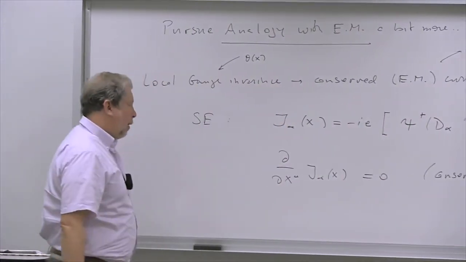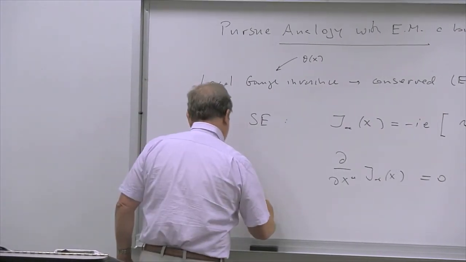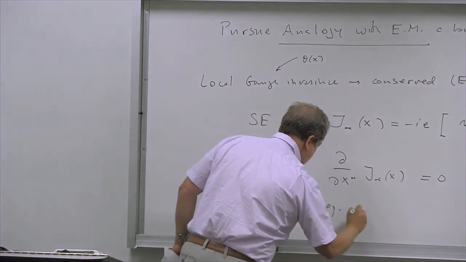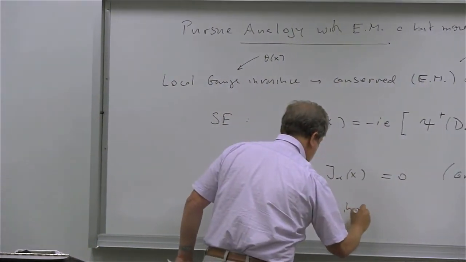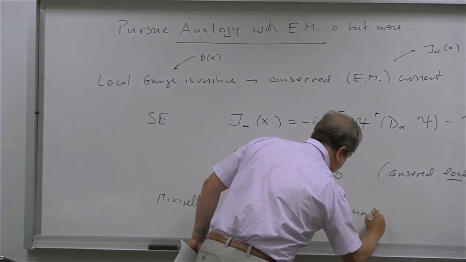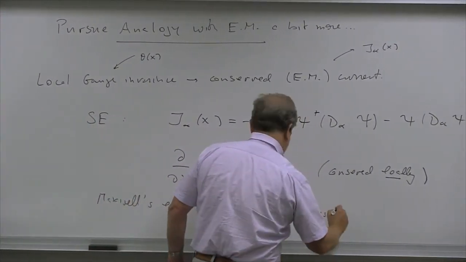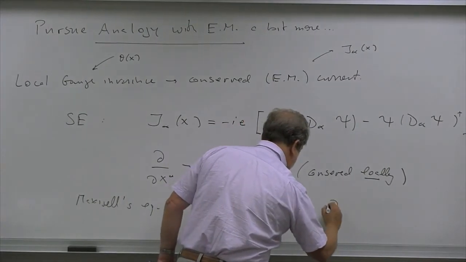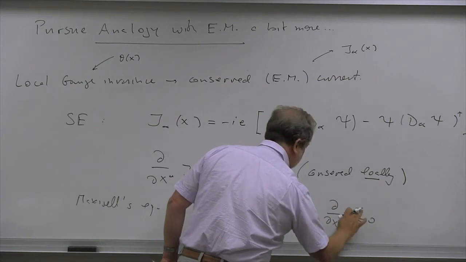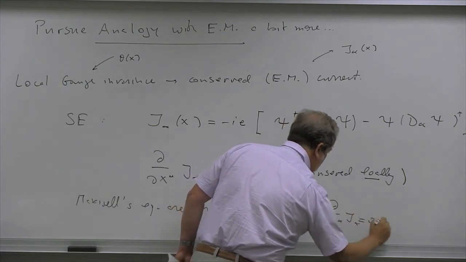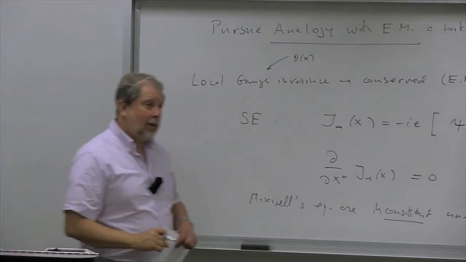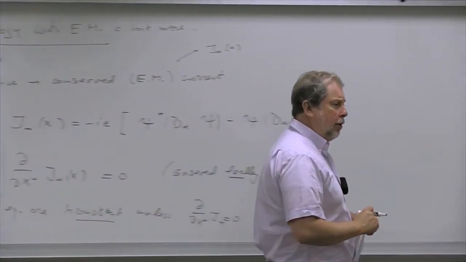And furthermore, the equations of electromagnetism, that is Maxwell's equations, are inconsistent unless we have that relationship, unless d by dx alpha J alpha is equal to 0. Maxwell's equations are inconsistent otherwise. You discover that already when you have your first course on electromagnetism.